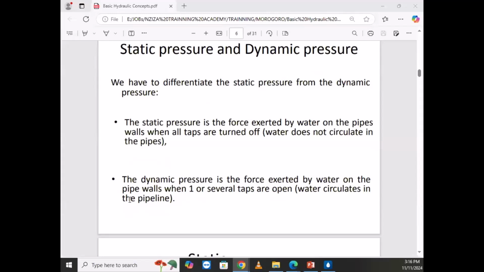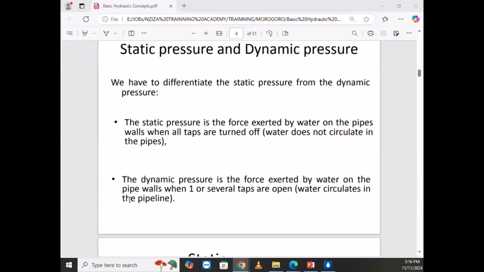So when water starts circulating from this point to the other one, there are losses caused by the pipe. And those losses, most of the time, will not allow the water to reach the final destination at that static level.